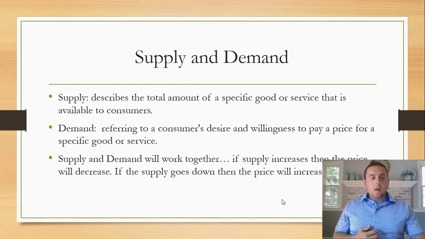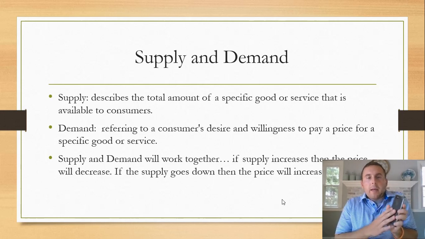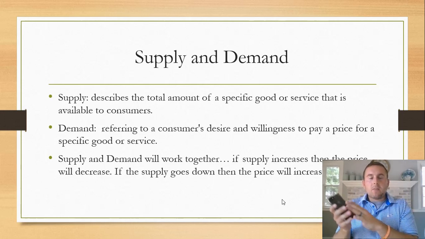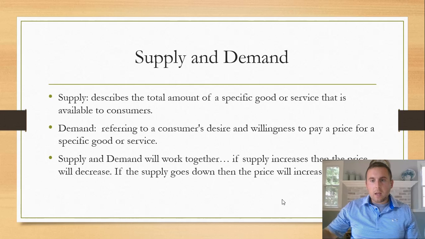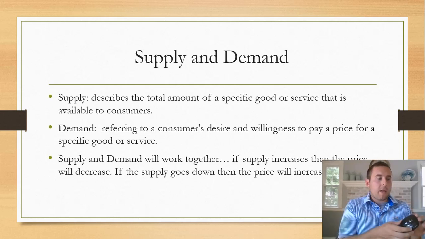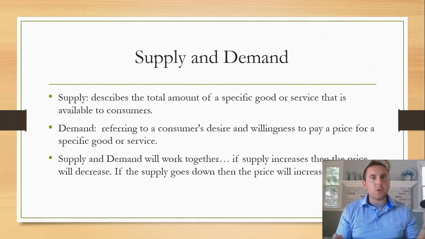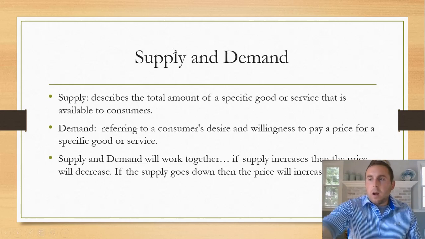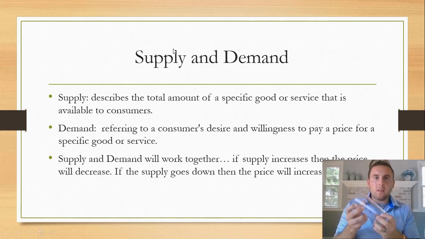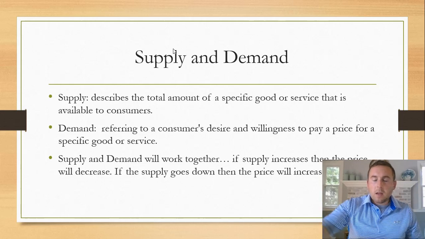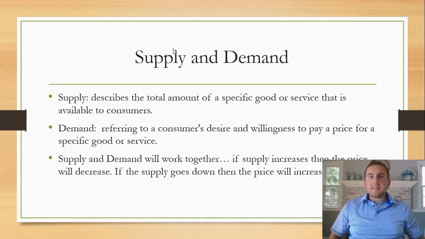So how much are people willing to spend to buy an iPhone? How much are people willing to spend on a mouse for their computer? Or how much are people willing to spend on glasses? So that's the demand.